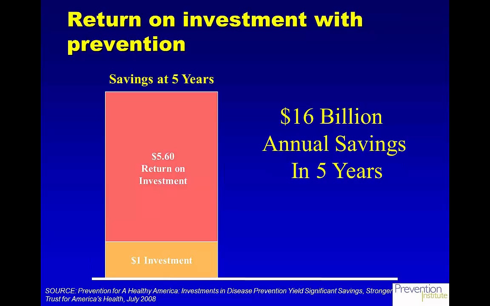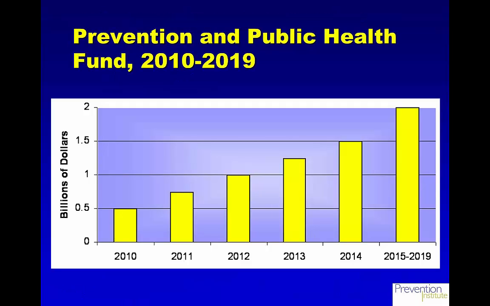Clearly, it was very important to make this case, and in addition to stimulus funding, it led to the investment we see here for the next number of years in prevention as part of the health reform legislation.